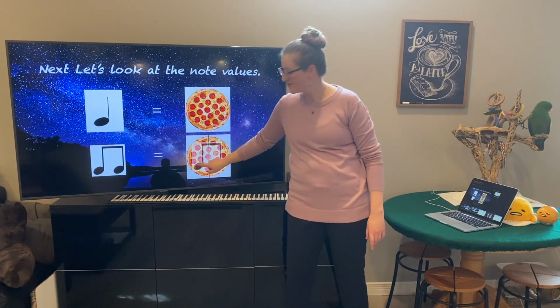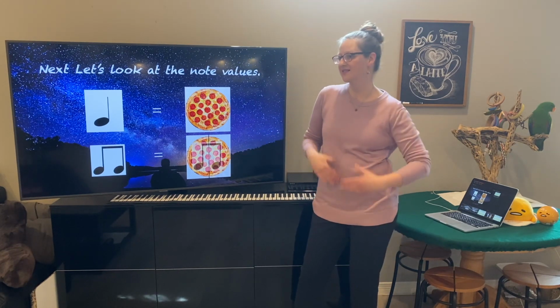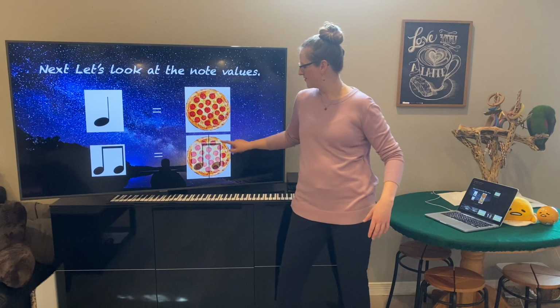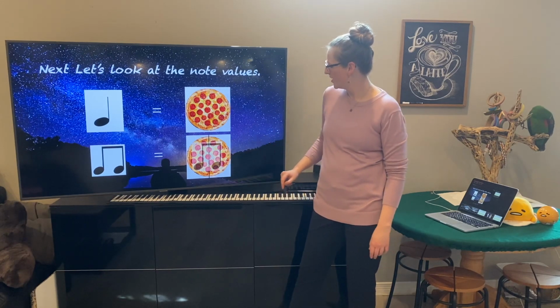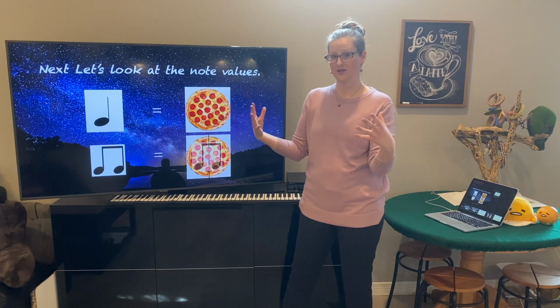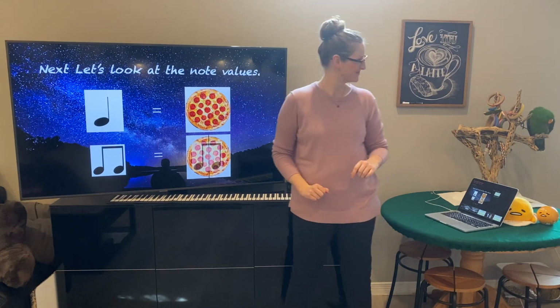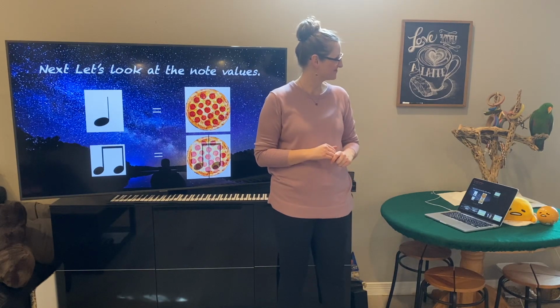So 1/2 is 1 eighth note, and the other half of the pizza is the other half of the eighth note group. So we still have 1 whole pizza, but we've just cut it down the middle. What do you think, Skittles?